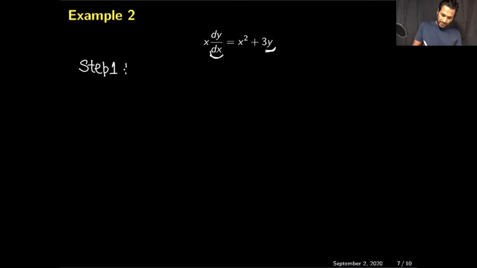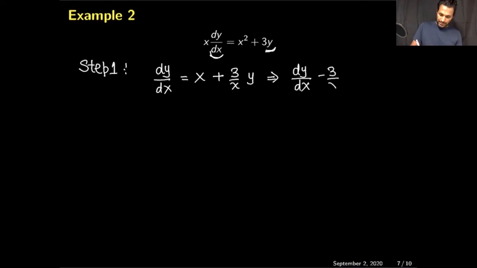First, I will divide by x squared on both sides. So I get dy/dx is equal to x plus 3 over x times y. And in the next step, I will write dy/dx minus 3 divided by x, y, is equal to x.